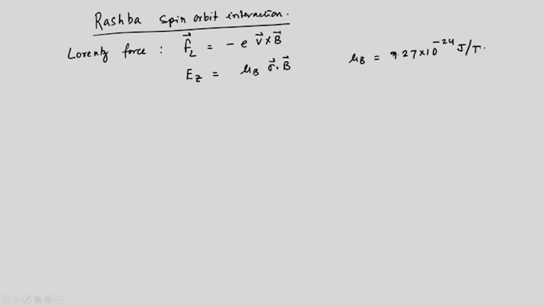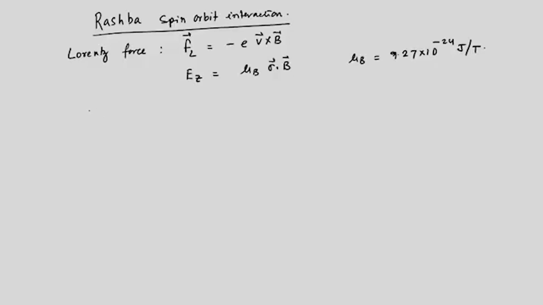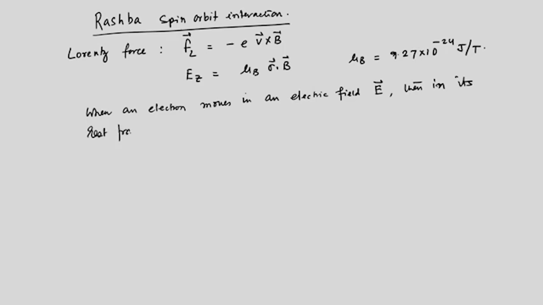Now when the electron is subjected to an electric field, then in its rest frame it experiences an effective magnetic field.